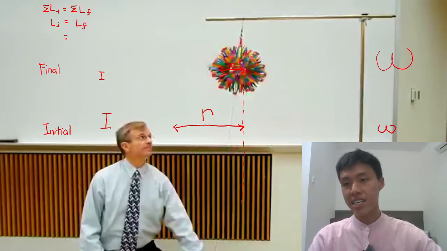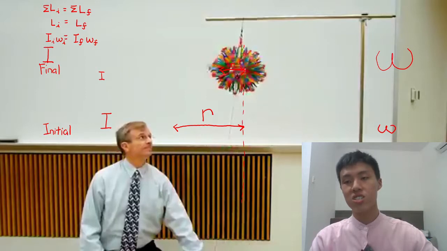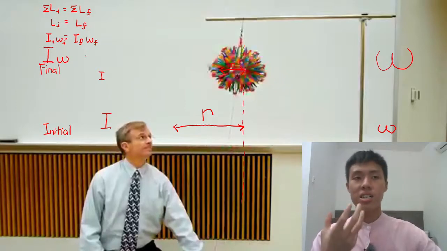So in this case, there's this object, initial, final. Because initially the distance is big, therefore the moment of inertia initially is big, then it's rotating at a regular angular speed.